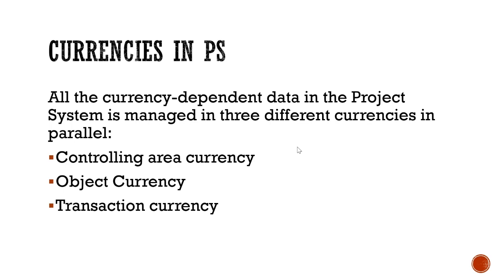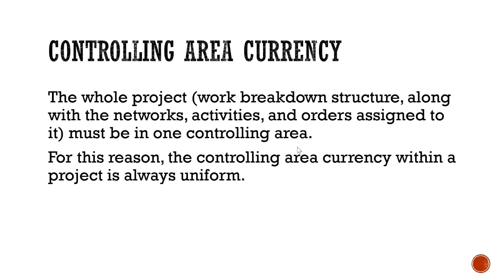I'll give a brief idea about each type of currency and where it is derived from. Controlling area currency: whenever you configure or define a controlling area in the SAP system, at the same time you provide a currency to that controlling area based upon the country.